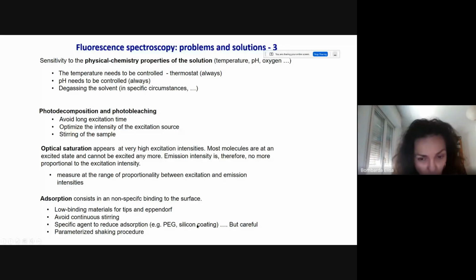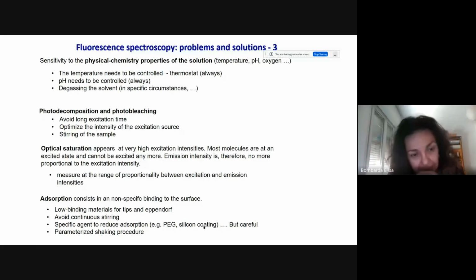Of course, we have to be careful, because every element you add to your system, which is not the system that you want to measure, you have to be aware of the possible difference, so control experiments with and without need always to be done.